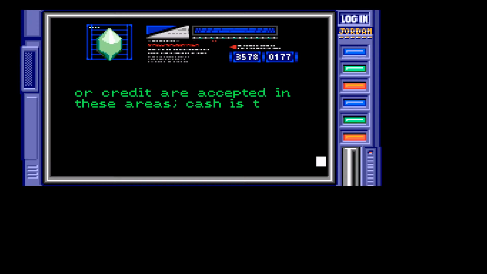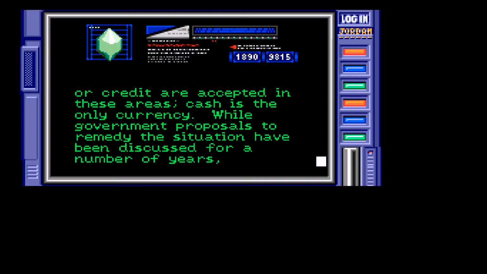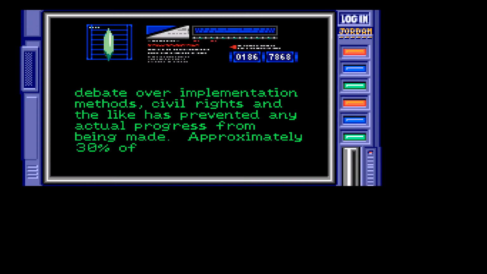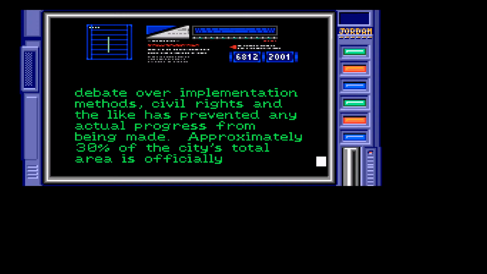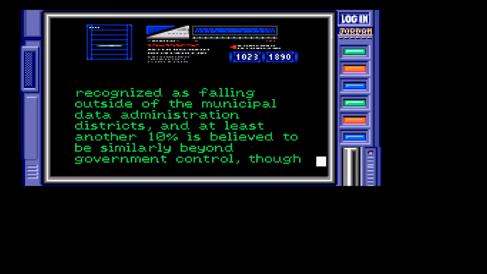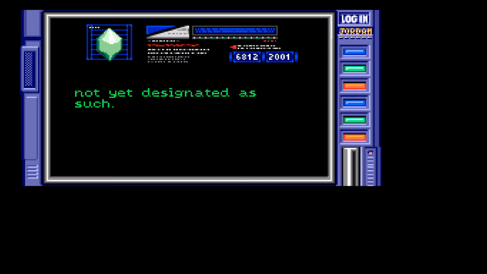No forms of cards or credits are accepted in these areas. Cash is the only currency. While government proposals to remedy the situation have been discussed for a number of years, debate over implementation methods, civil rights, and the like has prevented any actual progress from being made. Approximately 30% of the city's total area is officially recognized as falling outside of the municipal data administration districts, and at least another 10% is believed to be similarly beyond government control, though not yet designated as such.